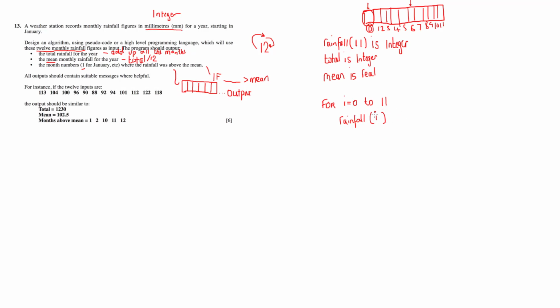So rainfall at the position of I is assigned or given the value of. So I'm going to use an assignment operator here, and you're going to give it a value. Now we need an input from the user, so I'll say input, and my message to them when I open the bracket and speech mark will be "enter value for month", comma, I. And that will say enter value for month 0, because it starts off at 0.